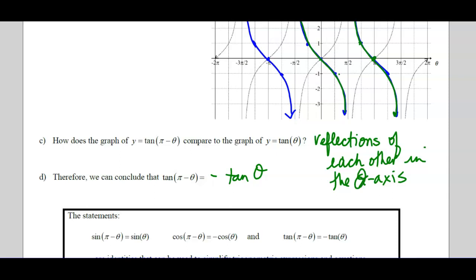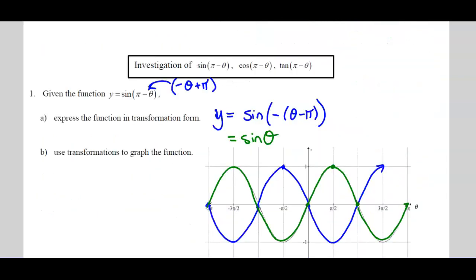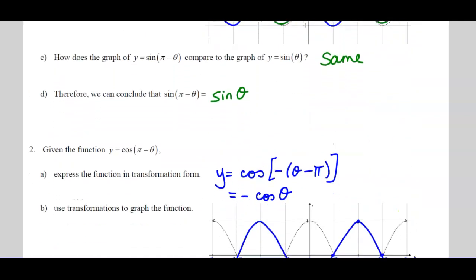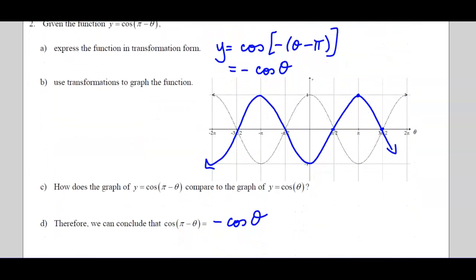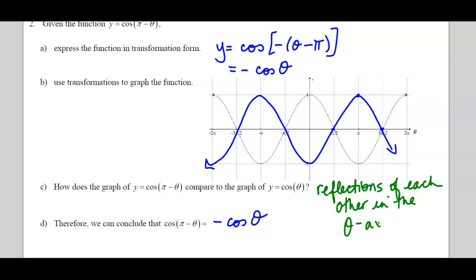And did I answer that one for close? I don't remember answering it. No, I didn't. So these are also reflections. Okay. So question 2 and 3, they were reflections of each other because of that negative cos or negative tan.